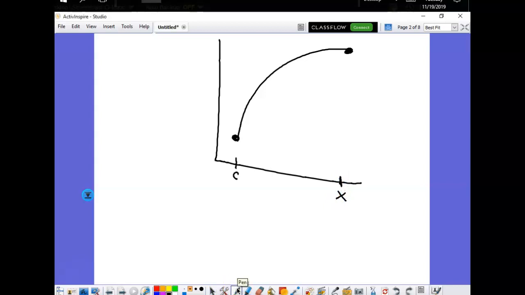So if this x value is c, then what's the y value that goes with that? Maybe I should tell you the function's name is f. So it's f of c. We'll call it that. All right. So now that we know that, if I call this x value x, this would be f of x.